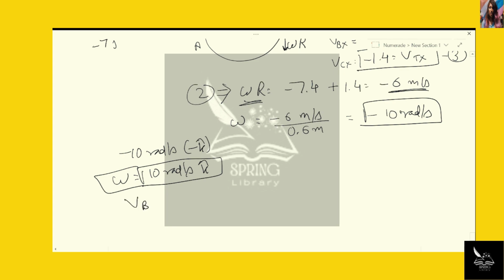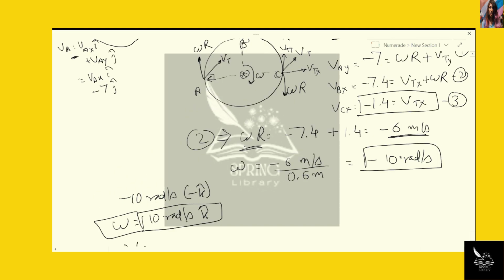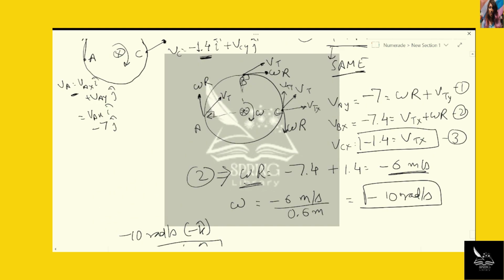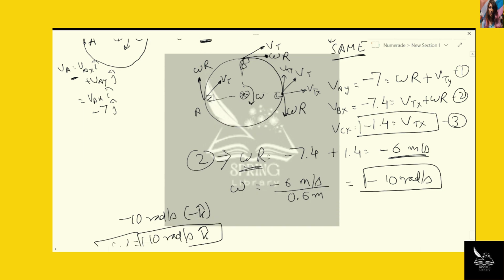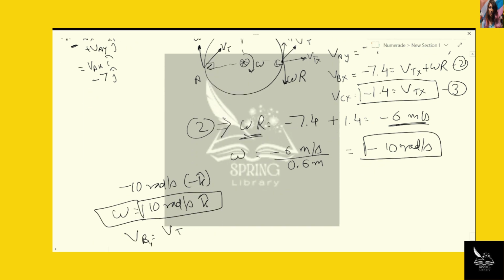What is the velocity of B? So for the velocity of B, we need the y component of B, and the y component of B is Vt of y. So we need Vt of y.